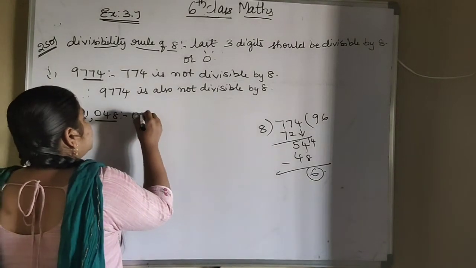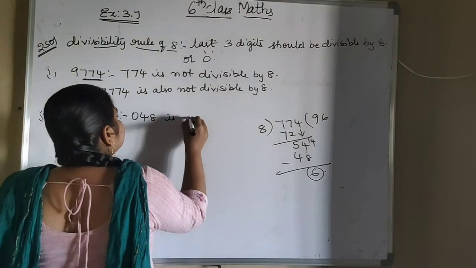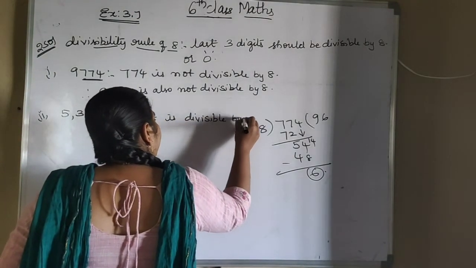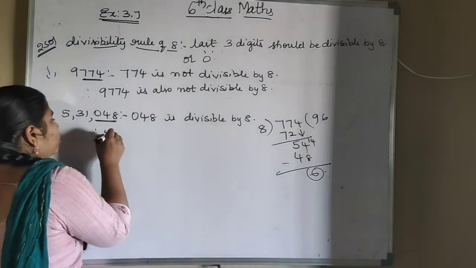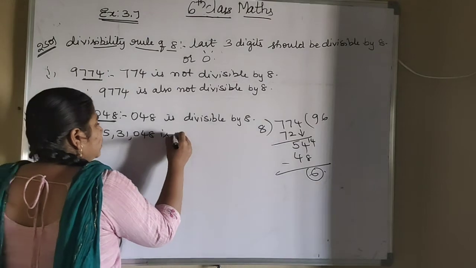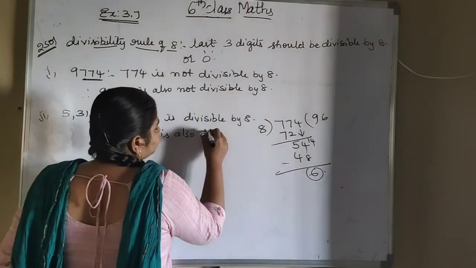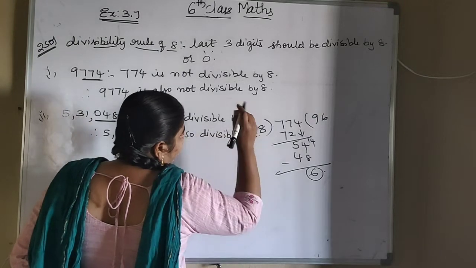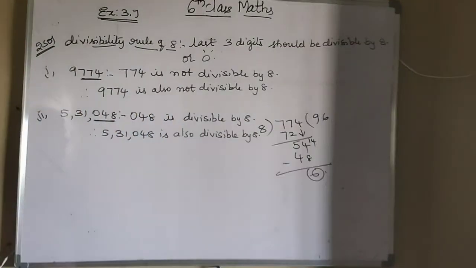So 048 is divisible by 8. Therefore, 531,048 is also divisible by 8. So this is our second question.